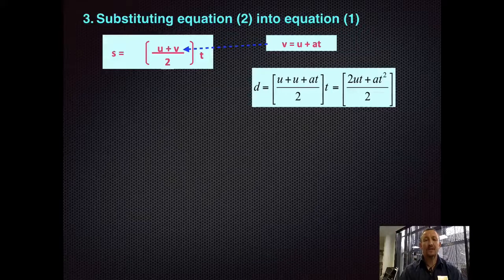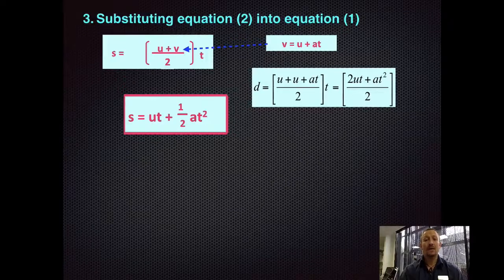When we simplify that, we get (2ut plus at squared) divided by 2. Now remember, the 2's can cancel out for 2ut, and that leaves us ut plus a half at squared. So our third equation is s equals ut plus a half at squared.